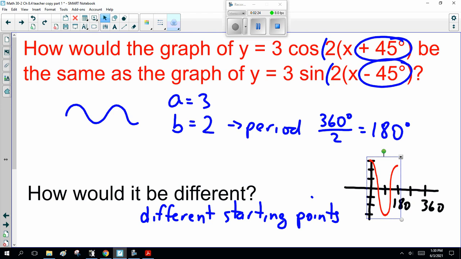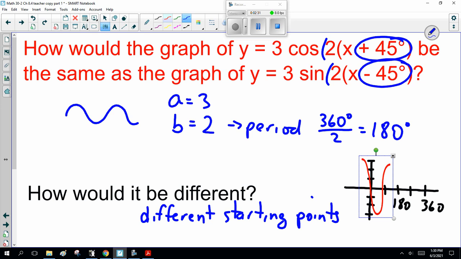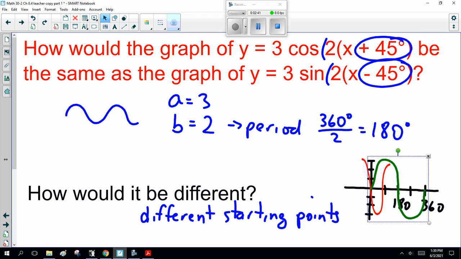Plus 45 degrees means it starts over around here somewhere. The other one, 3 sine of x, looks like that. Then it gets squished to half the size. And then that minus 45 means it moves over.